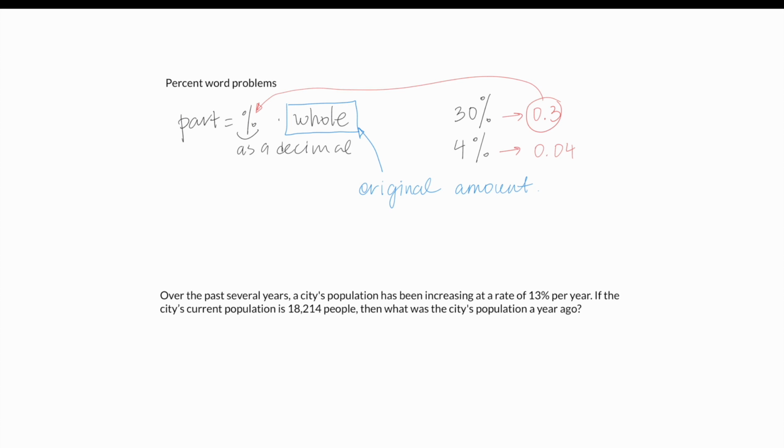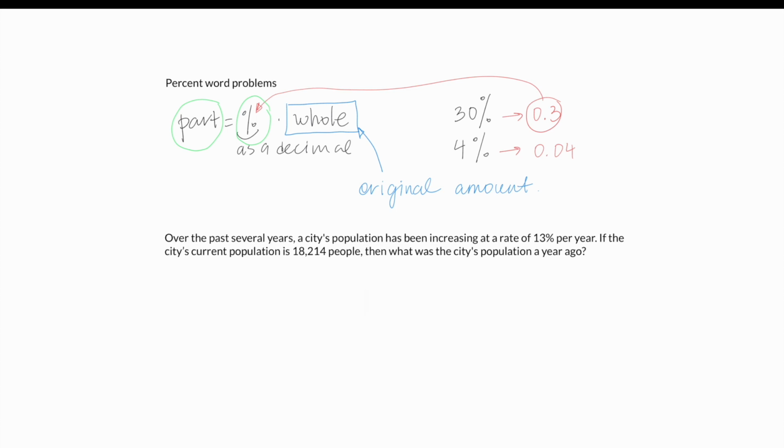And finally, one more thing to keep in mind is that this part and the percent will be representing the same amount. So if part is $30 and percent is 25%, then the $30 is 25% of the original whole amount.